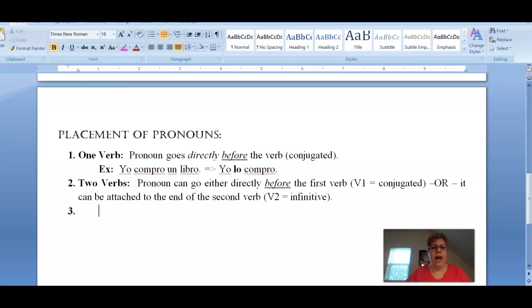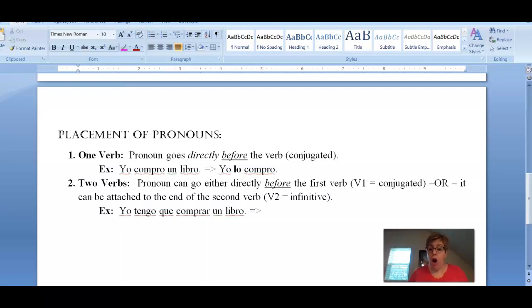But let's take a different one. Let's say I have to buy a book. So my sentence now will be, yo tengo que comprar un libro. So I want to say I have to buy it. Book is my direct object. It's what I'm buying. So we're going to replace it with it.